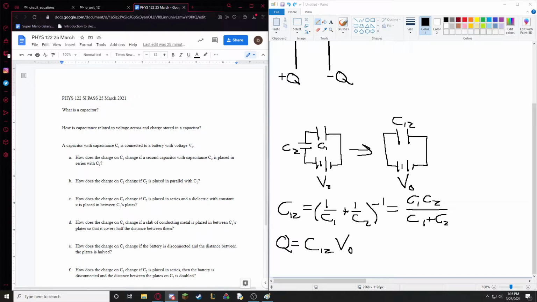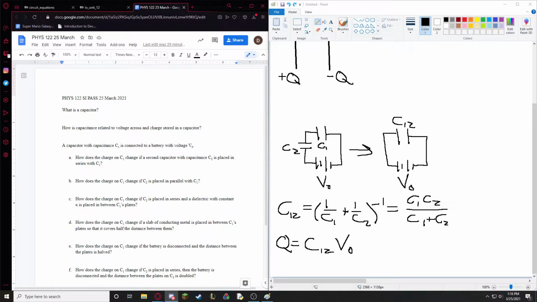So the charge is going to be the same as the total charge between the two capacitors, but does the actual charge go down? So that would depend on whether C12 is greater or less than C1.